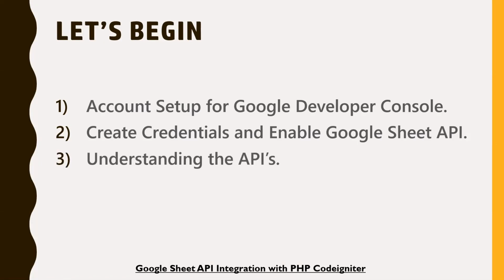Third is how we work with these APIs and explore them so that we have the right API calls from the website. Basically, it's understanding how these APIs work. Lastly would be integrating everything into your website. This will require a lot of PHP curl operations, which is quite easy. So let's begin.